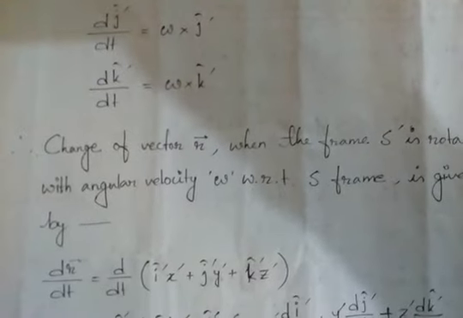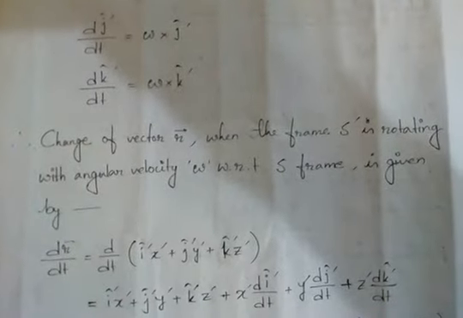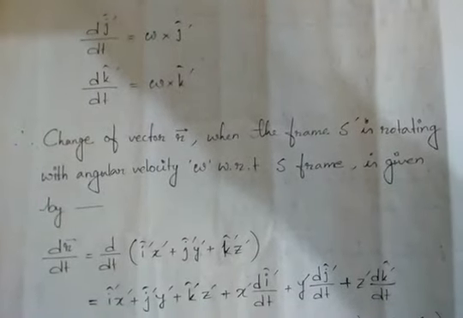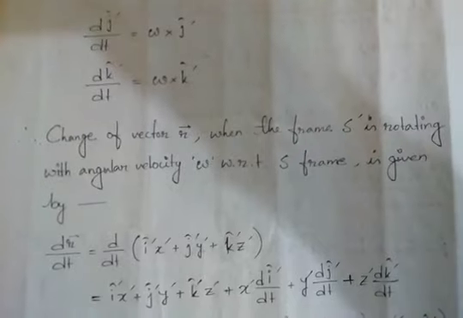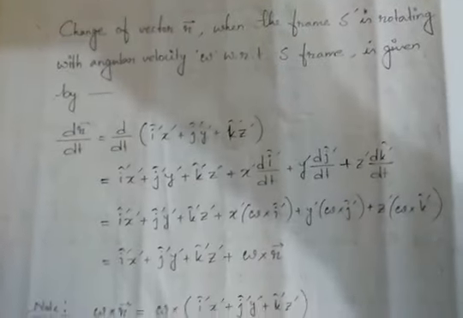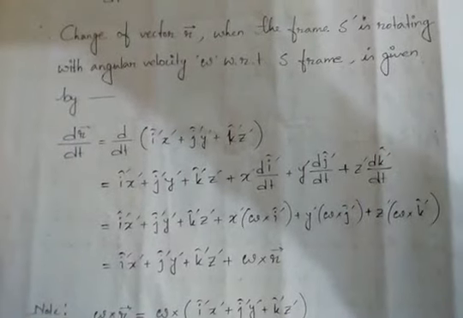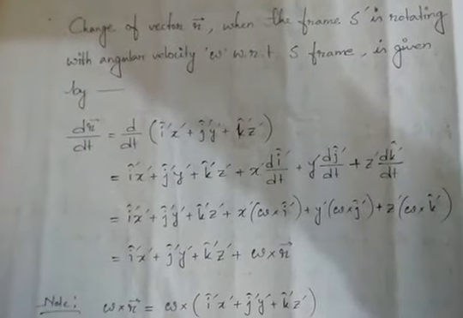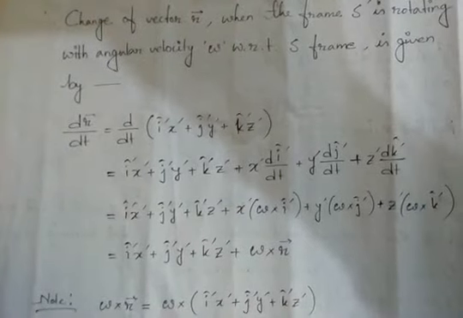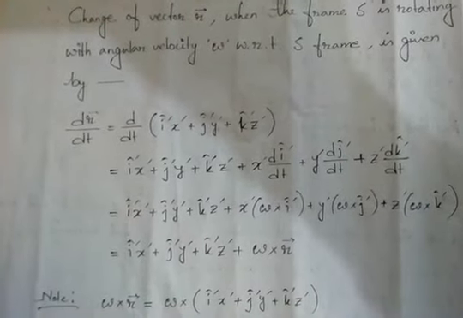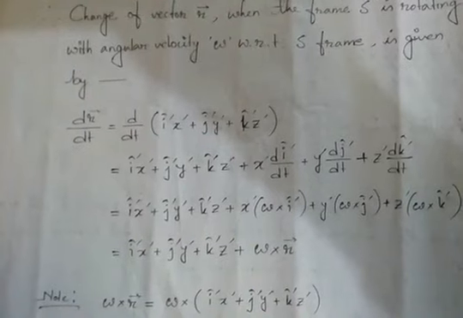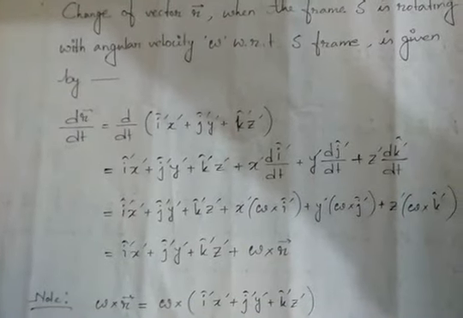Change of vector r when the frame S dash is rotating with angular velocity omega with respect to the S frame is given by this expression: dr by dt equals i dash dx dash by dt plus j dash dy dash by dt plus k dash dz dash by dt plus omega cross r.